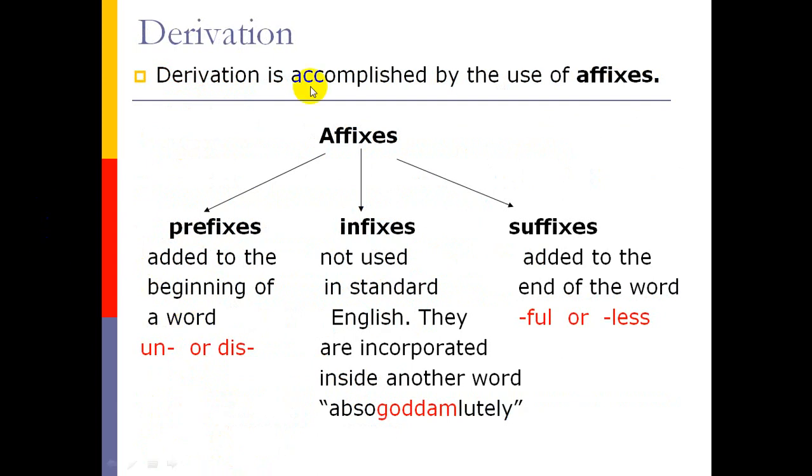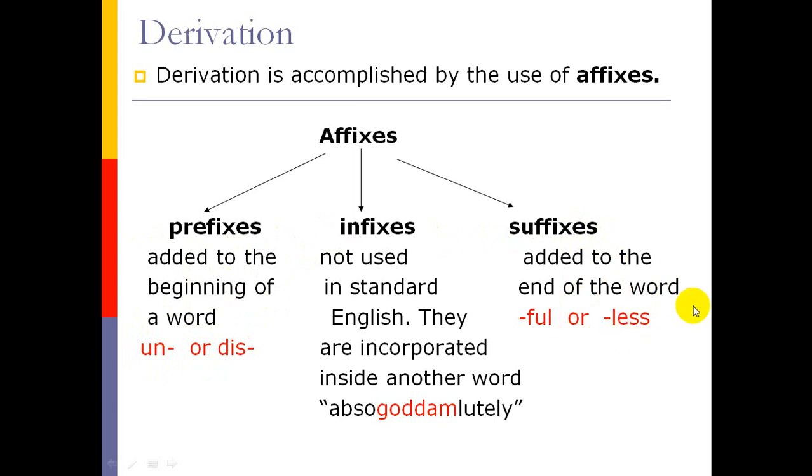Derivation. Derivation is accomplished by the use of affixes. Affixes fall into three different categories. We have prefixes, infixes, and suffixes. Prefixes are added to the beginning of words, like un-, unhappy, dis-, disabled. We have suffixes. Suffixes are added to the end of words, like -ful, -less, -ness.